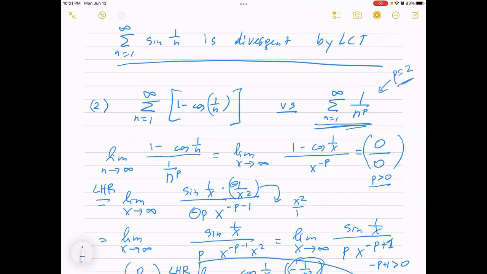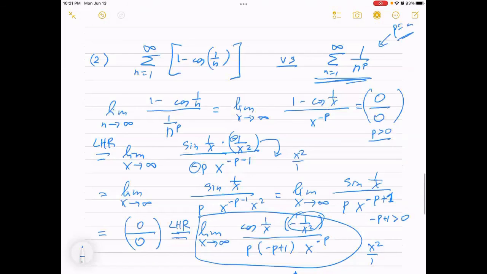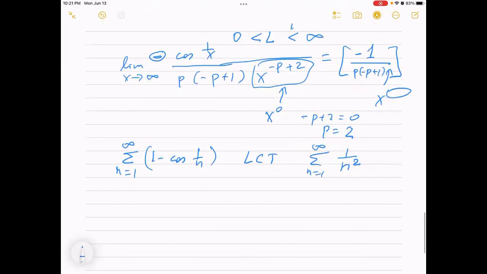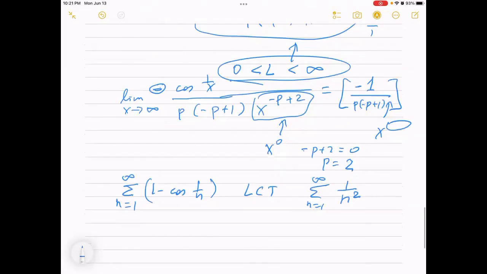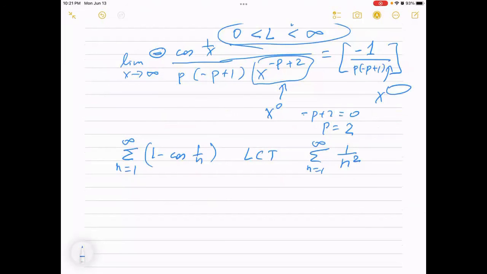In order to get permission to do LCT, that's what we're going to get. You can do the calculation and see that L is going to be finite here. So we got permission to do LCT.